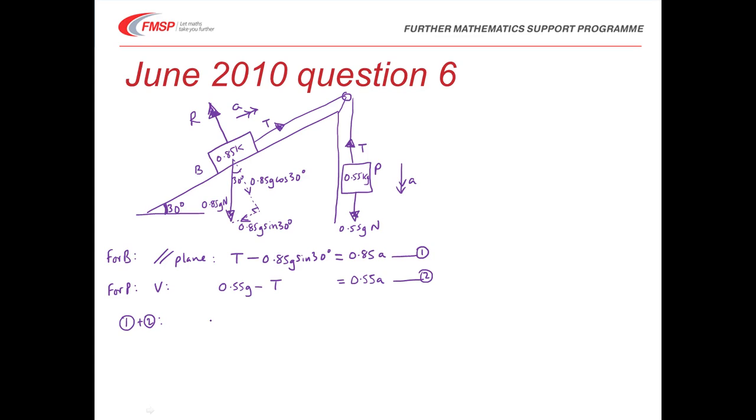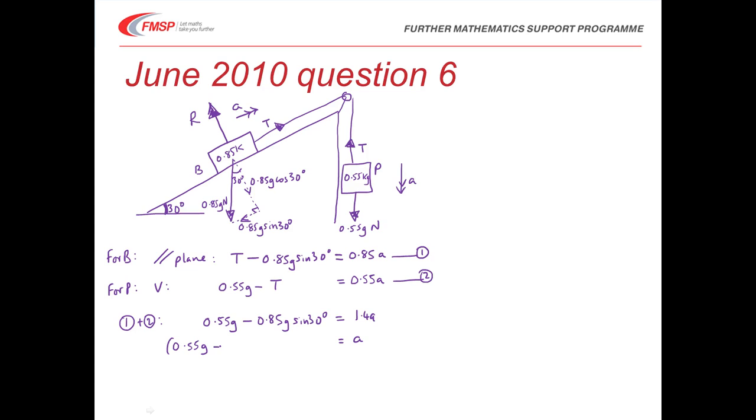Adding those together, I'm going to have, taking the bottom one first, 0.55 G minus T, then the first one above, plus T minus 0.85 G sine 30. And that's equal to, adding the right hand sides, 1.4 in total, A. Well, that means I can find A simply by taking this side and dividing by 1.4.